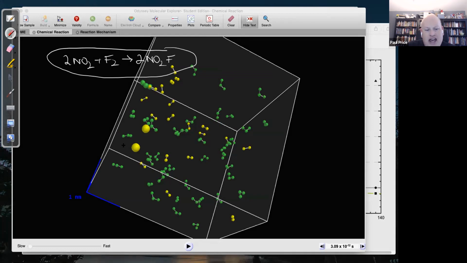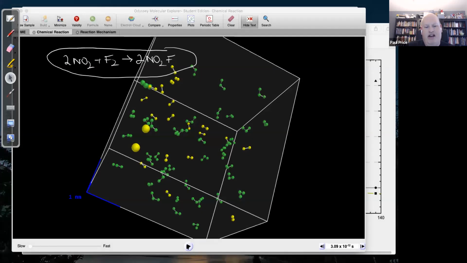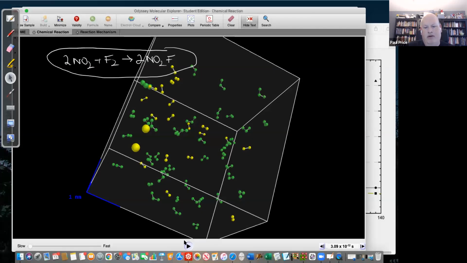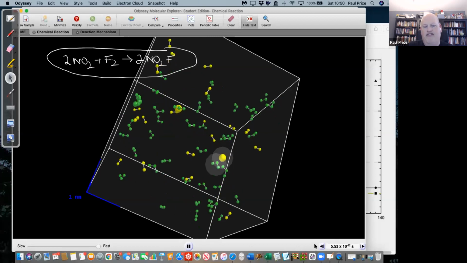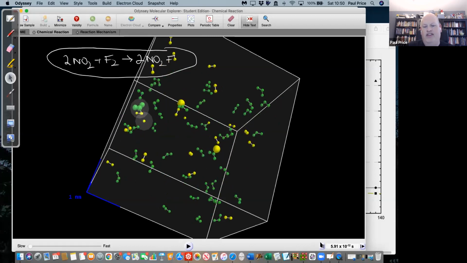So let's go watch that little F atom that's highlighted here, and let's see if anything happens to it moving forward. Let's just watch it and see what occurs. Does something happen to that F atom? Still moving around, right there. Notice what the F atom did.